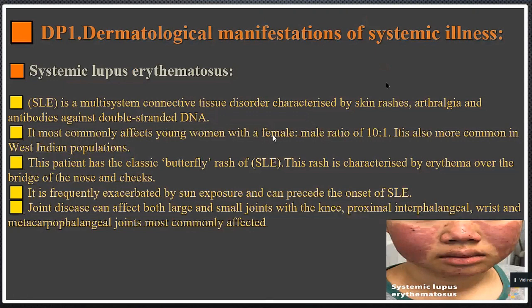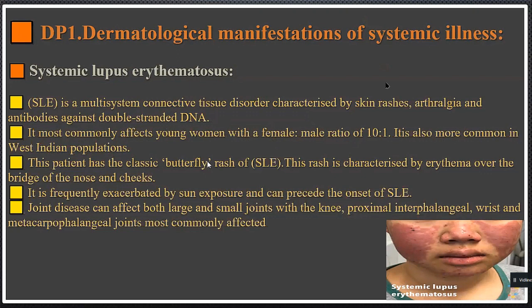If you find the patient is female, it's likely. The female to male ratio is 10:1, so most likely in the exams they will give you a female. It's more common in the West Indian population, so you might find an Indian patient in the scenario.